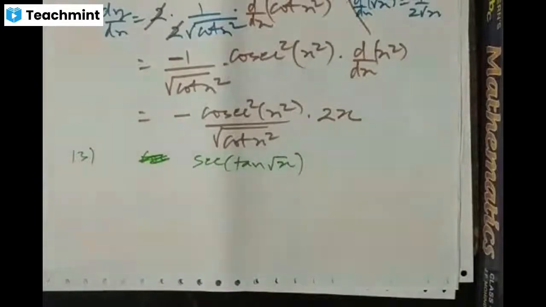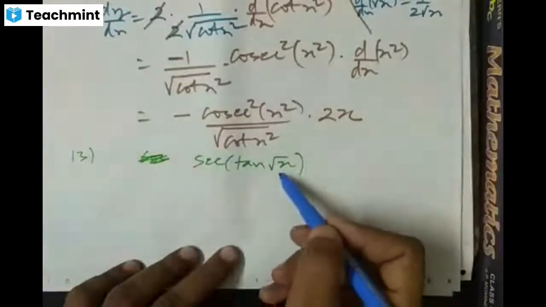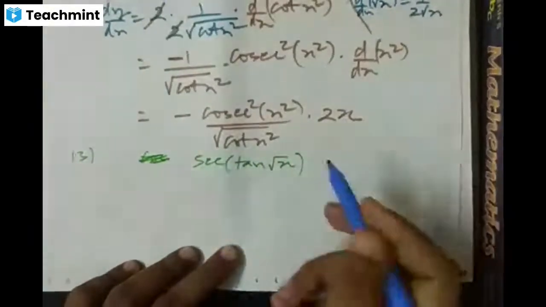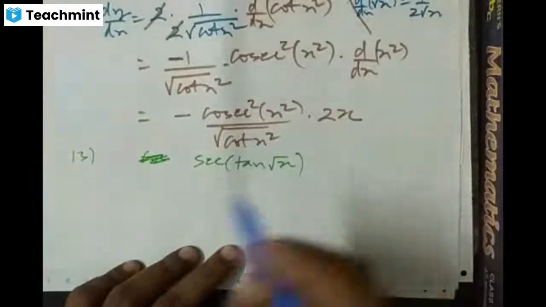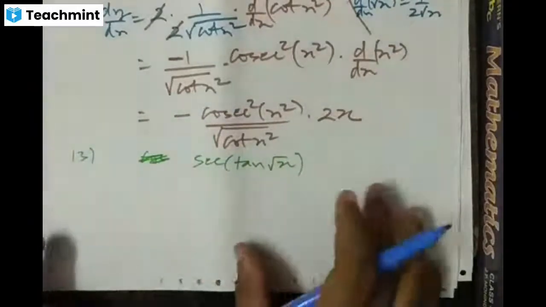The given function is a composition of 3 functions. One is the root x function, another is the tan function, and the third is the secant function. So to find its derivative with respect to x, we have to use the extension of the chain rule.